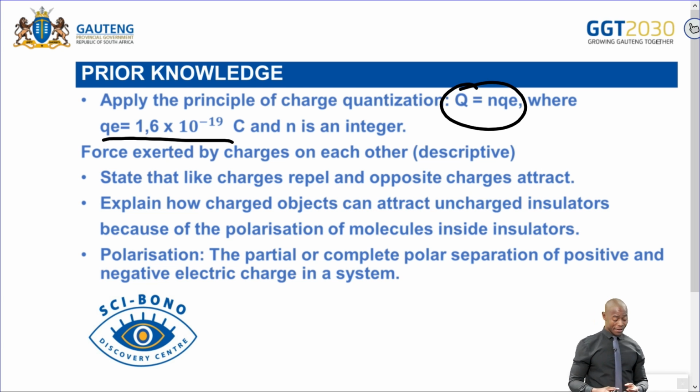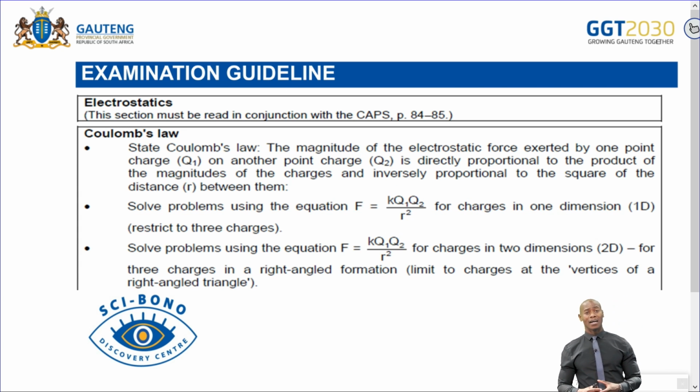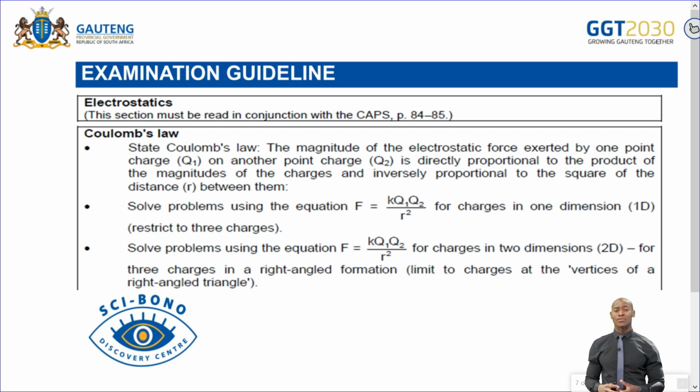All right, then this is the grade 11 examination guidelines. This is what we need to focus on. I said today we are going to focus on Coulomb's law, right? So under Coulomb's law, according to our examination guidelines, we need to state Coulomb's law, and this is how we have to state it.